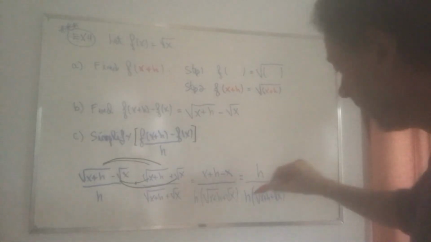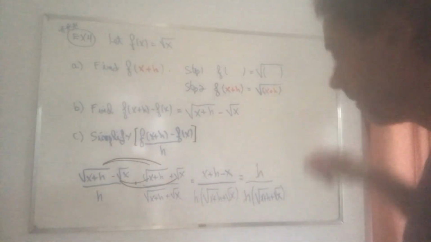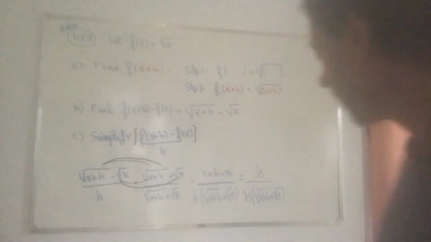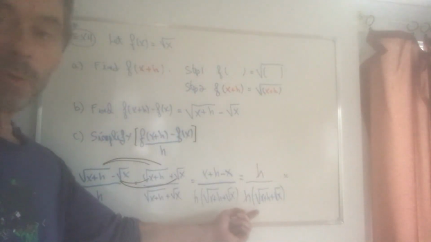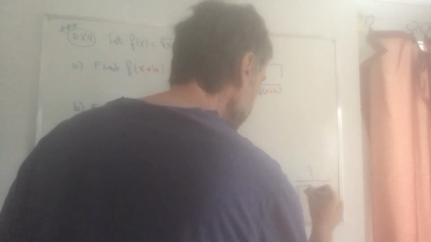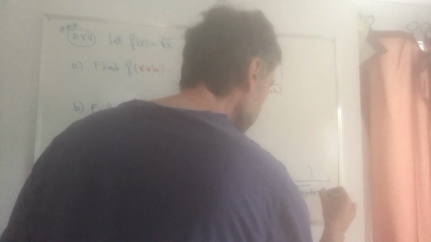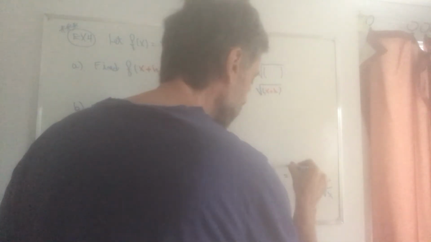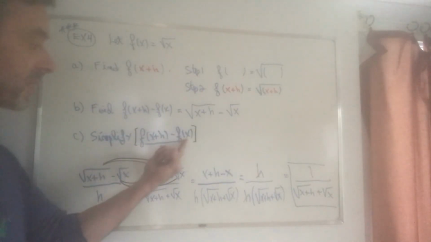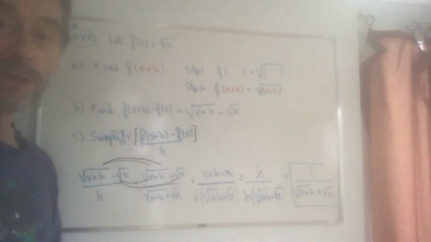Well, clearly, they're gone. So the final answer here is simply going to be 1 over the root of x plus h plus root x. That's the simplification of f of x plus h minus f of x divided by h.